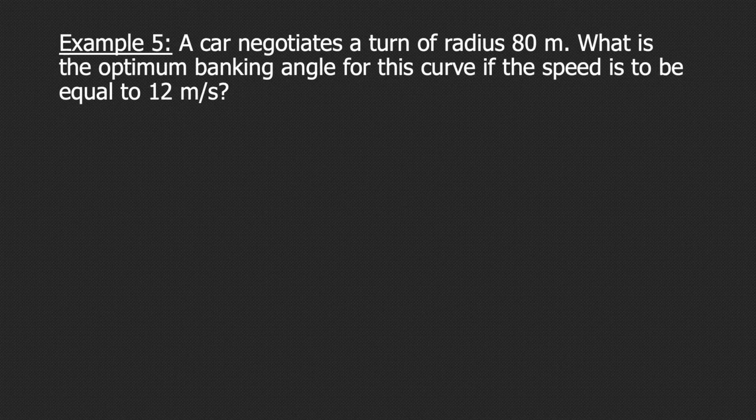A car negotiates a turn of radius 80 meters. What is the optimum banking angle for this curve if the speed is to be equal to 12 meters per second? Now again, we know that tangent theta is equal to v squared over g r. So our v is 12 meters per second divided by g, which is 9.8 meters per second squared, times the radius of 80 meters.